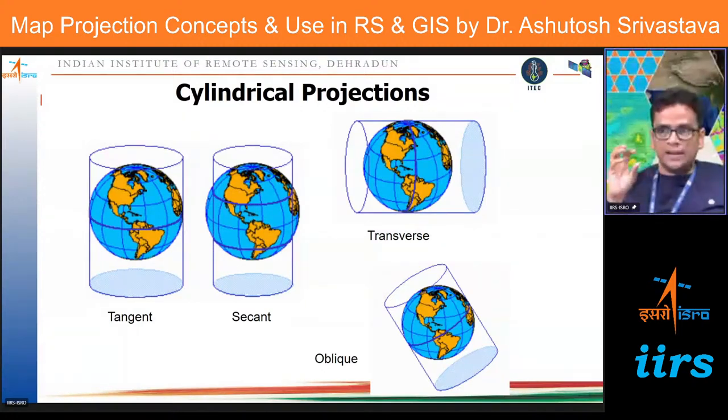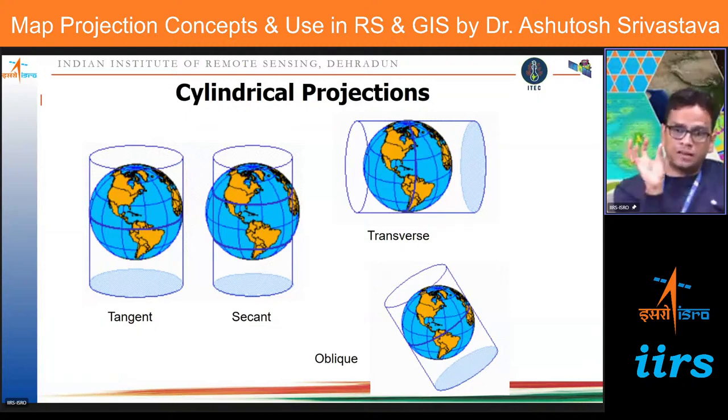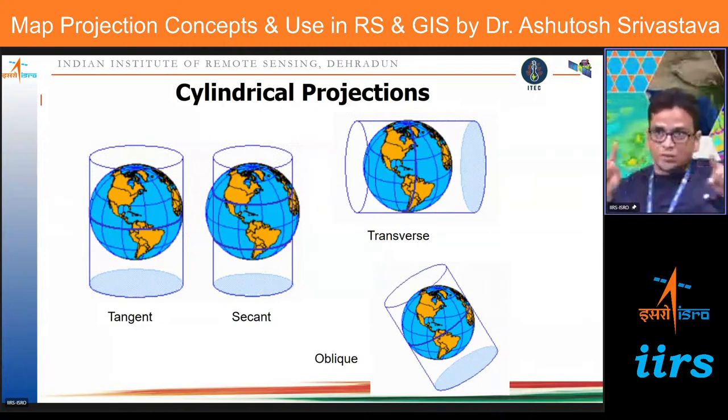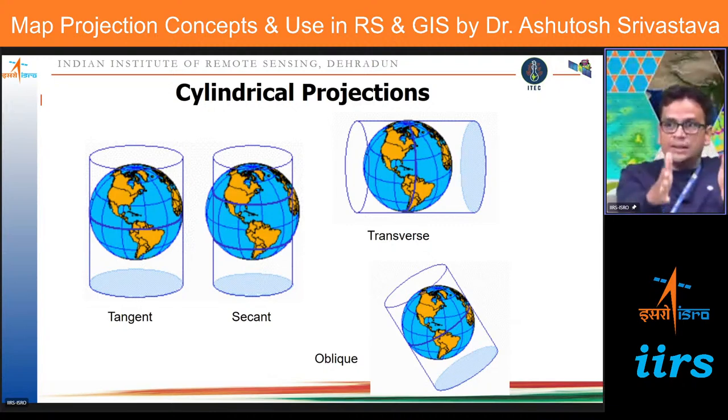So in this cylinder, we have chosen such a cylinder where the radius is almost equal to that of the ellipsoid, or whatever three-dimensional object we are using. When this is equal, the surface of the cylinder will just touch that ellipsoid.